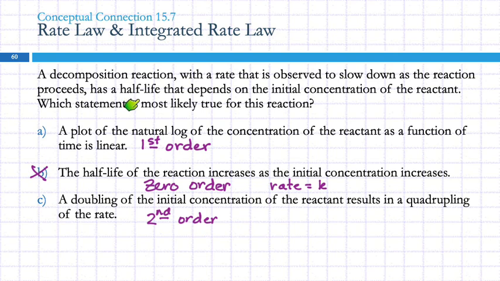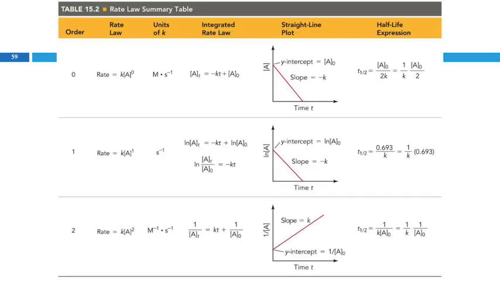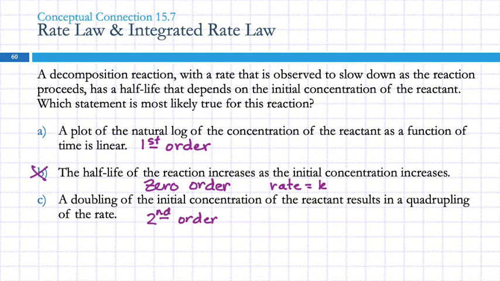It says the half-life depends on the concentration. For first order, does the half-life depend on the concentration? No, it doesn't. But if we don't remember, we go look. Here is the half-life for first order. Concentration doesn't come into it. So it can't be first order. Therefore, it's second order.